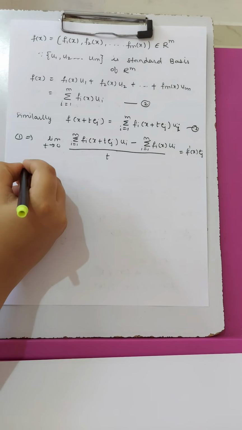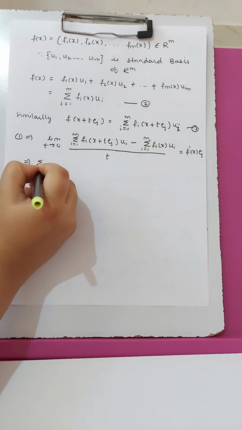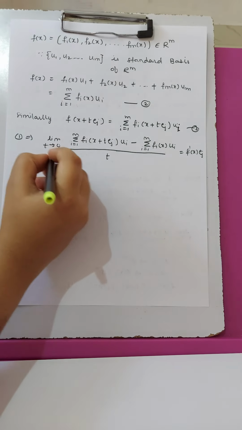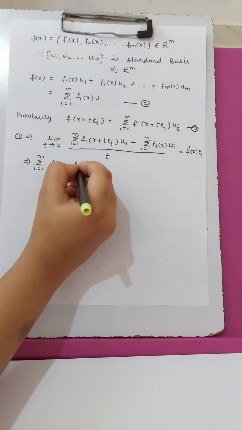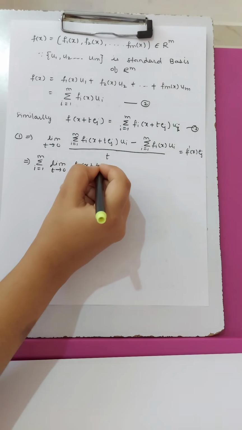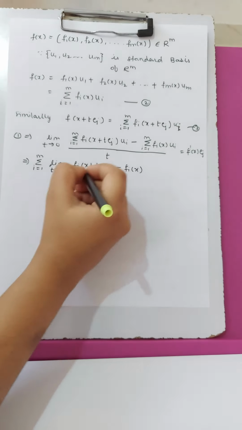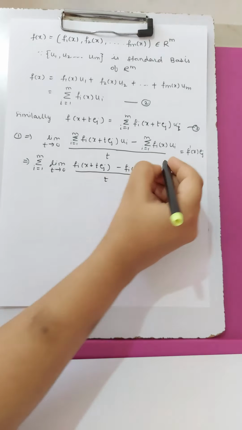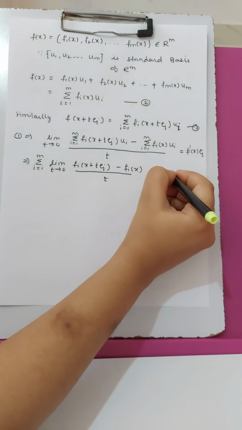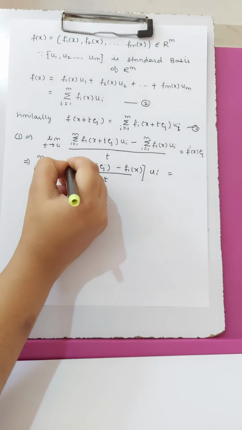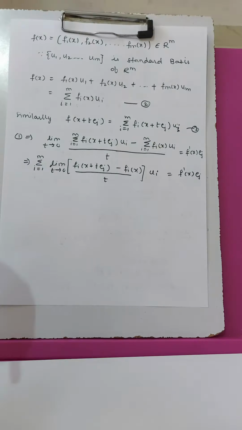So this implies, taking this summation out of this limit, we get summation i from 1 to m of limit t tends to 0 of [f_i(x + t e_j) minus f_i(x)] upon t, and taking this u_i common, we get f'(x) e_j.